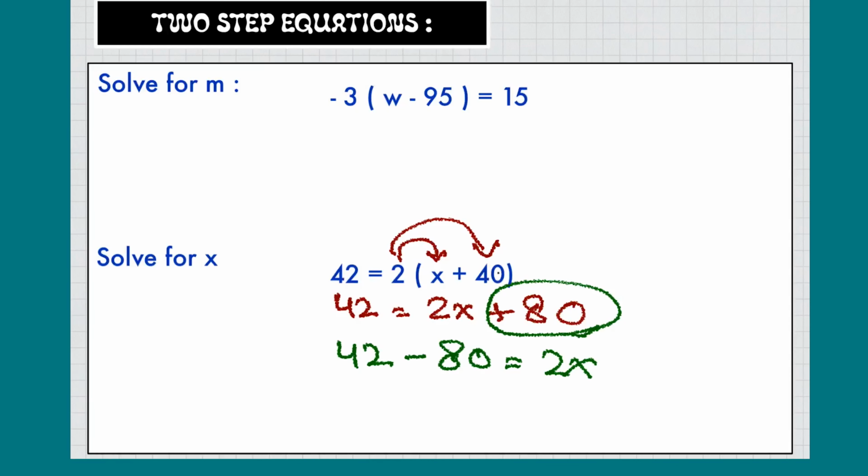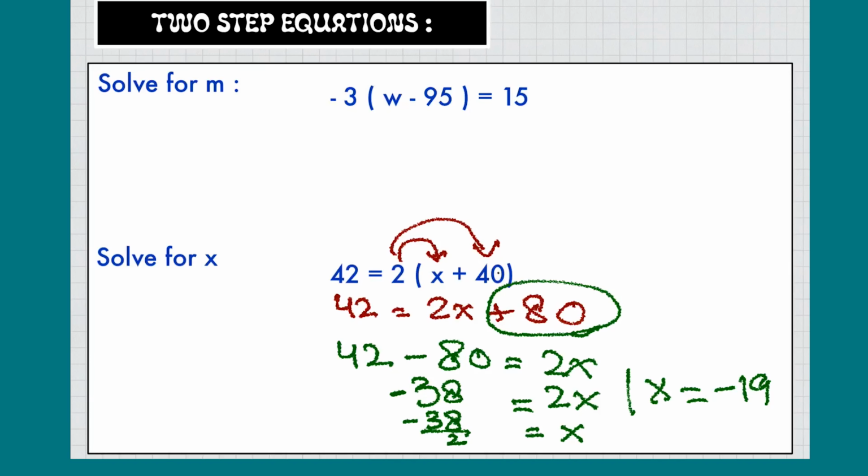I just brought 80 to the other side. 42 minus 80 is minus 38, equals 2x. So 2x is times here. In order to find x, we divide minus 38 by 2. It gives us x equals minus 19 as our answer.